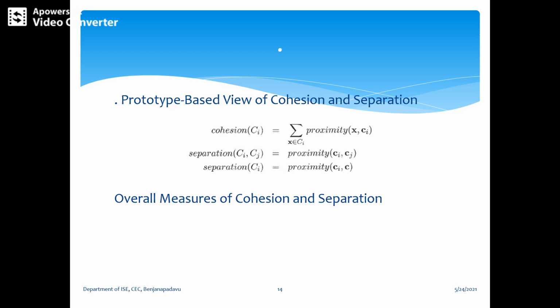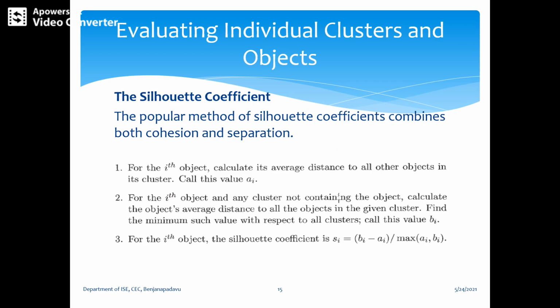So next, evaluating individual clusters and objects. So far we have focused on using cohesion and separation overall, that is, the evaluation of a group of clusters. Many of these cluster validity measures can also be used to evaluate an individual cluster and also an individual object.